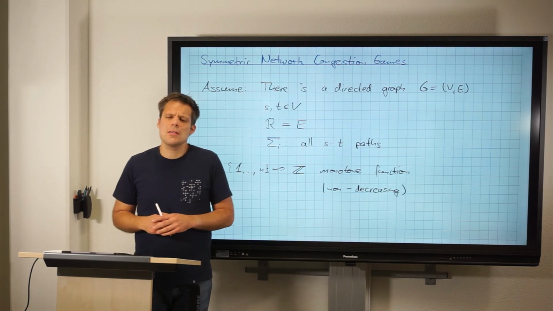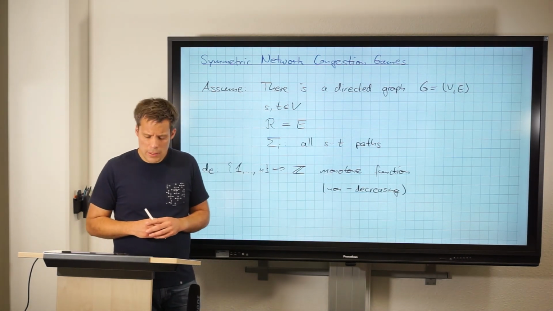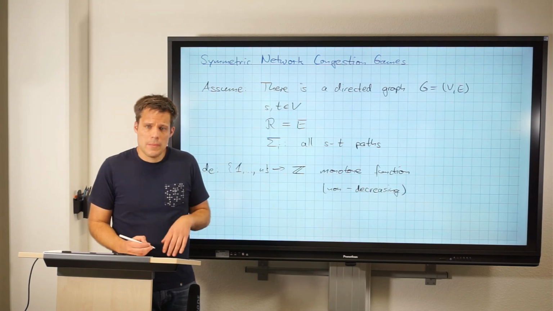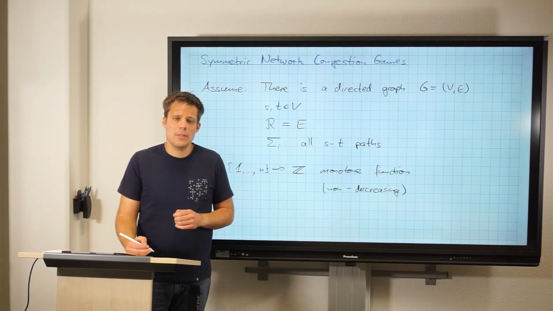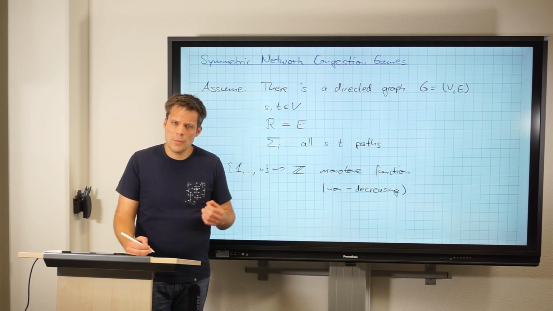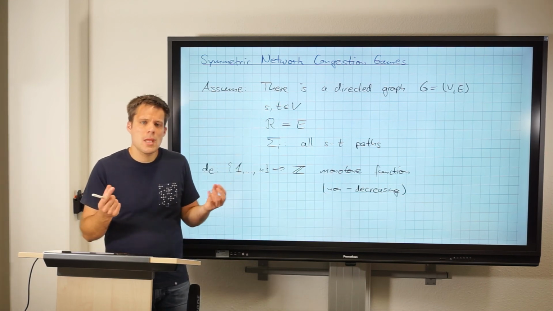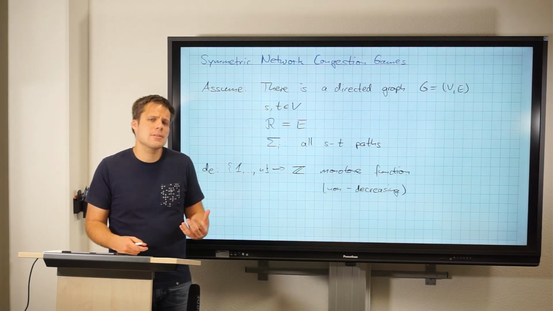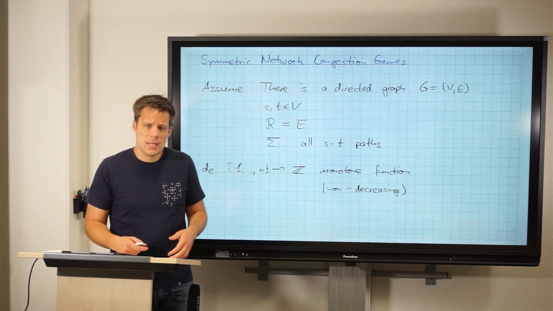So we've seen symmetric congestion games before, namely the initial example in which we only had one player wanting to get from s to t, and also there we saw that there were long improvement sequences, that there were many states.